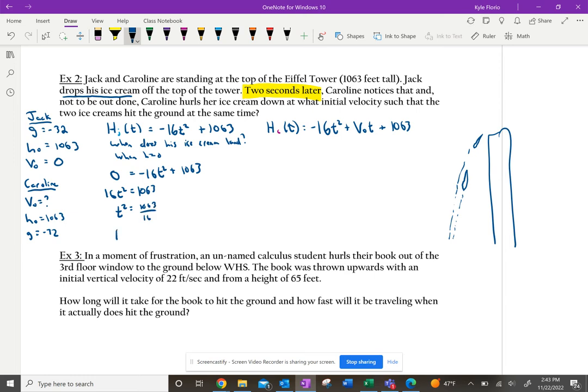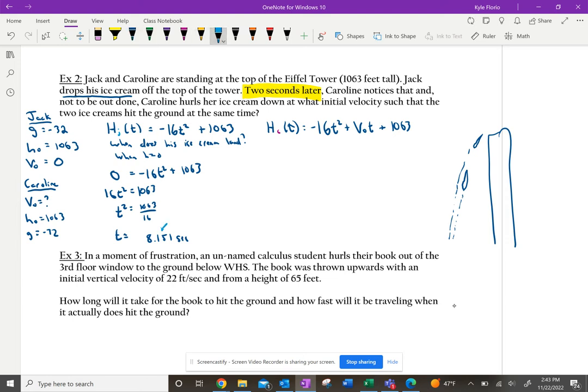And square root both sides. And so we're going to get t is going to be plus or minus 8.15 seconds. We don't need the negative here because in the context of the problem, the time's got to be positive. So this is when Jack's ice cream lands.